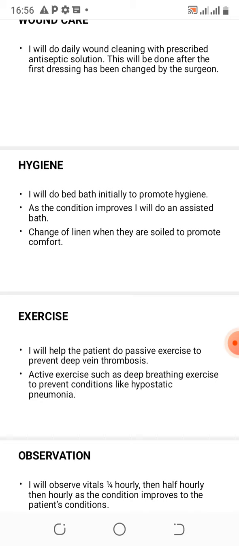And I will encourage the patient to do active exercises such as deep breathing to prevent conditions like hypostatic pneumonia as the condition is improving. You can also encourage the patient to do early ambulation in order to promote good circulation of blood.